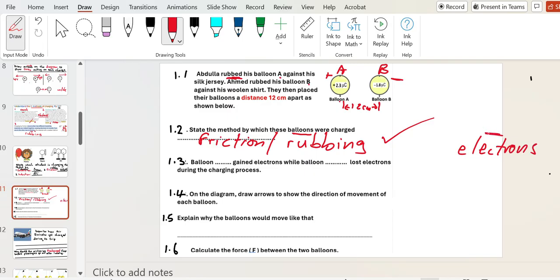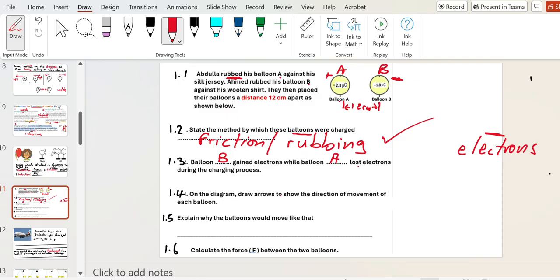Electrons are charged minus. Which one gains or takes electrons? The negatively charged one is B. While balloon A lost electrons. When you lose electrons, the object becomes positive. So A becomes positively charged. It loses electrons during the charging process.